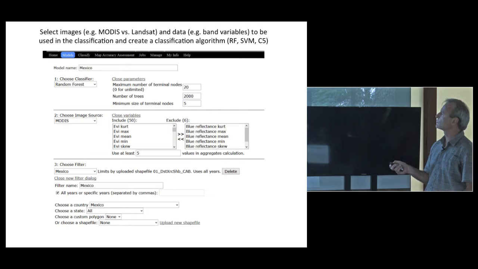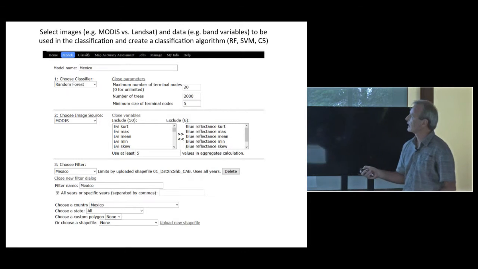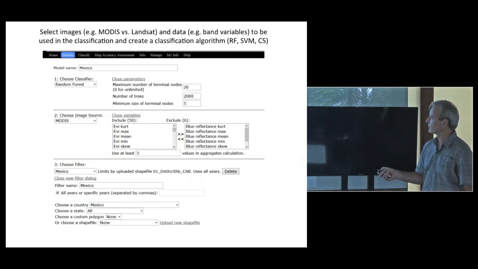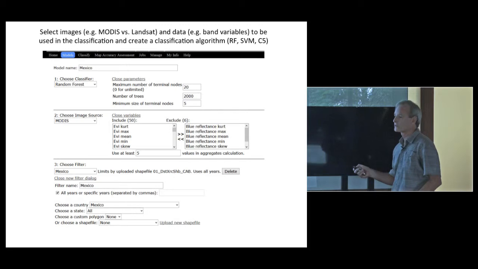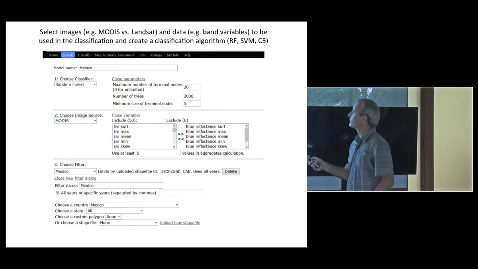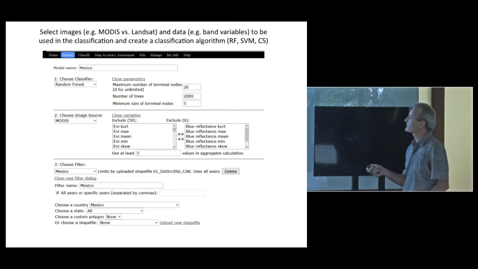So here, first it's asking what type of machine learning algorithm do you want to use? And we give options. When you choose random forest, it provides the parameters that you can change to improve the classifier.